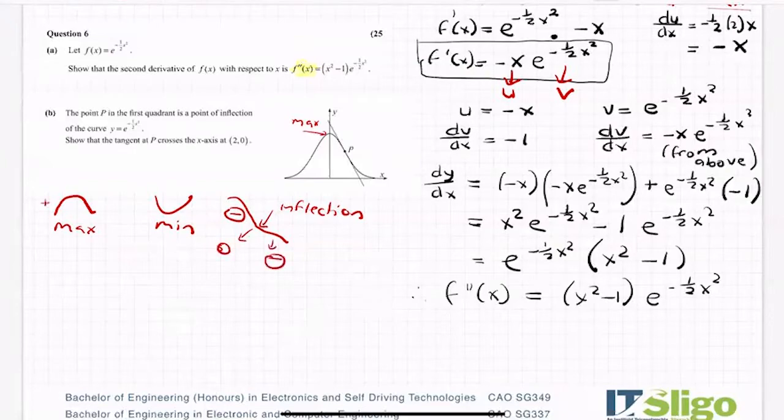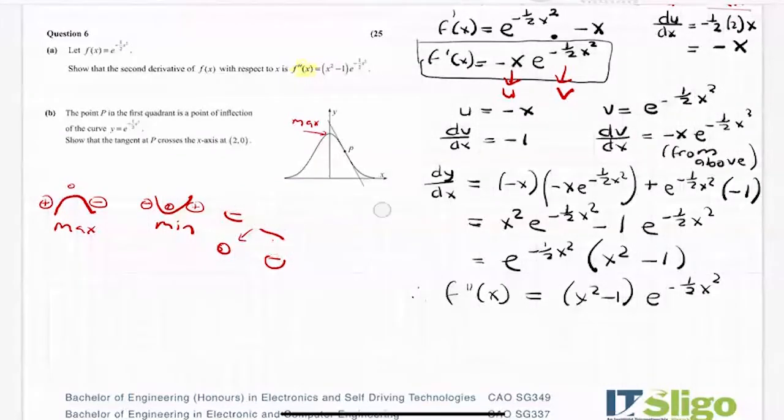Whereas this one was plus to 0 to minus, or minus to 0 to plus. So in other words, the slope changed from positive to negative or negative to positive. With the point of inflection, it doesn't. It keeps going the same way, except with this inflection in the middle. Okay, so that's what's happening there at P. It is one of our types of turning points.